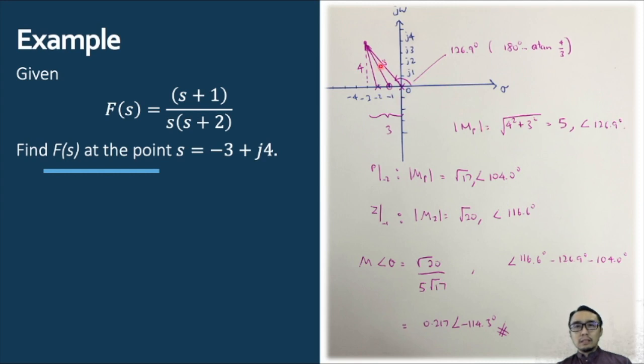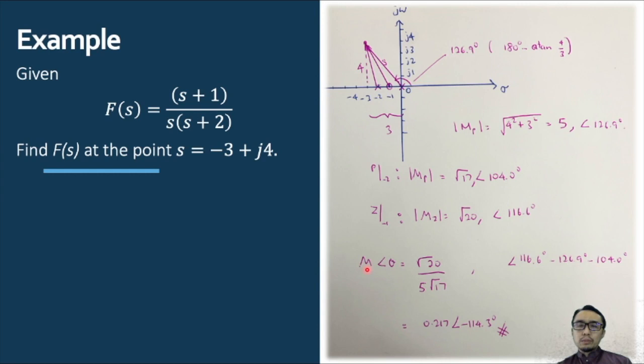For this point minus 3 plus j4, you can find this length using the Pythagorean theorem: 3 squared plus 4 squared, take the square root, and you get a magnitude of 5. This angle can also be found, equal to 180 degrees minus the arctangent of 4 over 3, and you will get 126.9. So that's the magnitude and angle of the first vector.